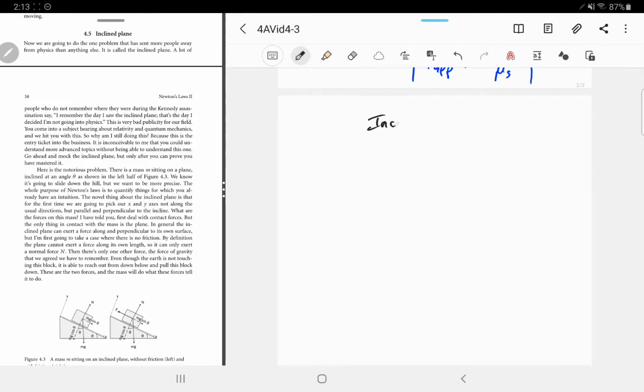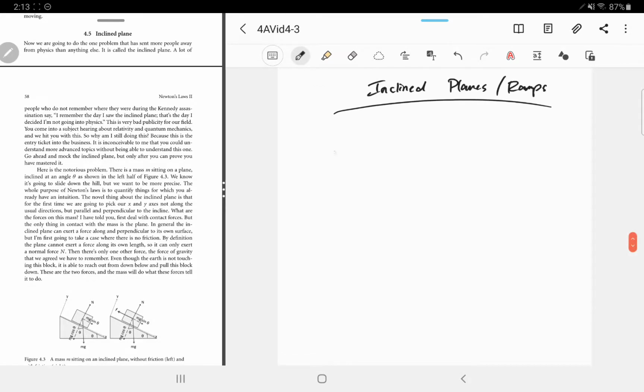All right, inclined planes, or ramps. So the general setup is we have a ramp that's at some angle theta relative to the horizontal, and we have a block on it, like this. It's a block of mass m.